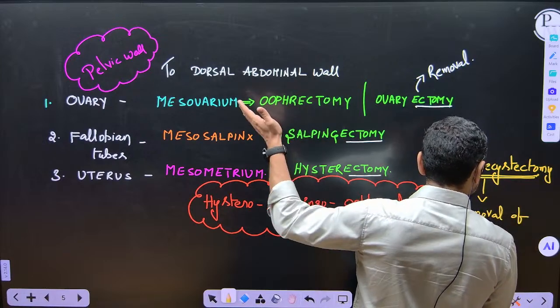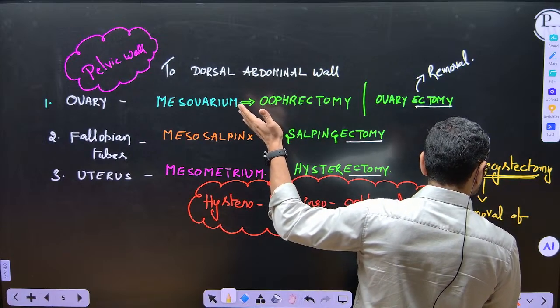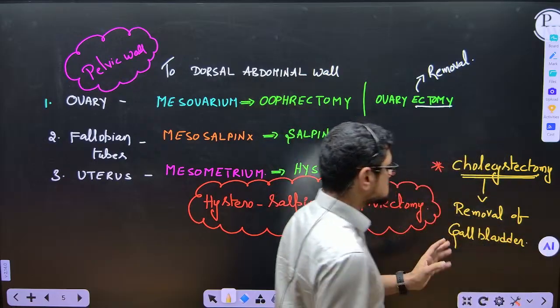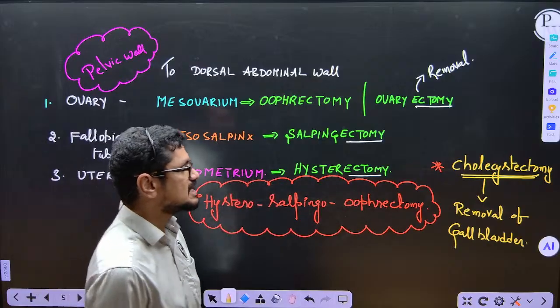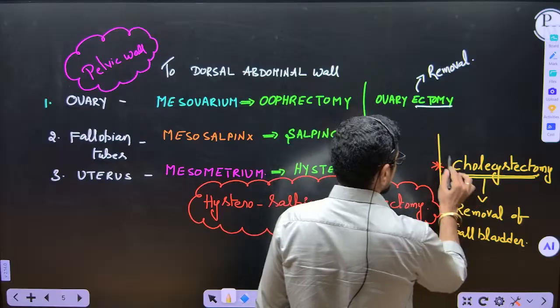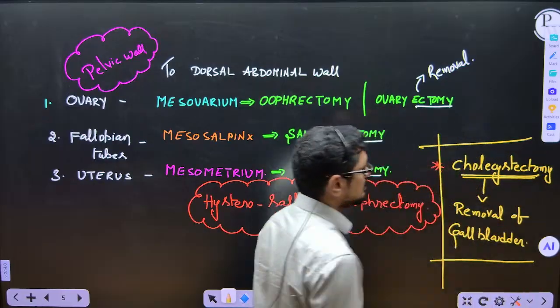Not related to this female reproductive system, my dear friend. Just because the word ectomy came here, can they ask something not in CBS? Yes, they can ask. Cholecystectomy is removal of gallbladder. Not related to this lesson, but it is important.